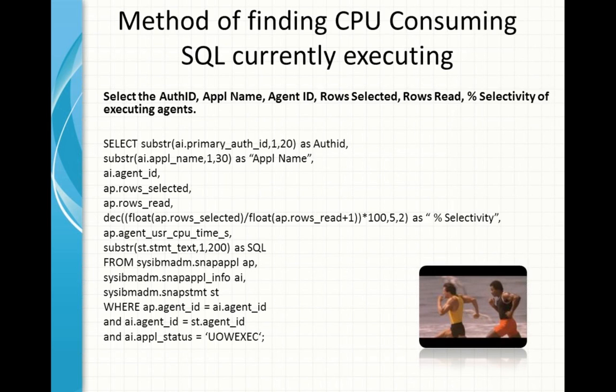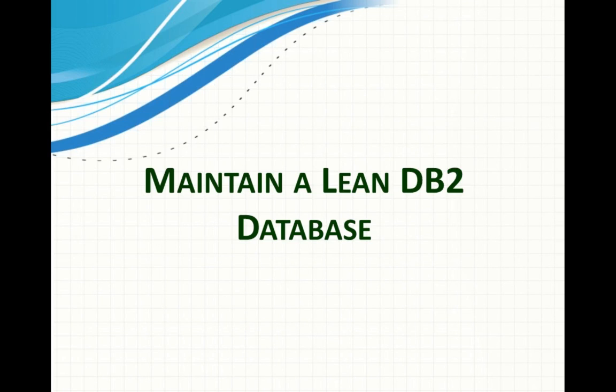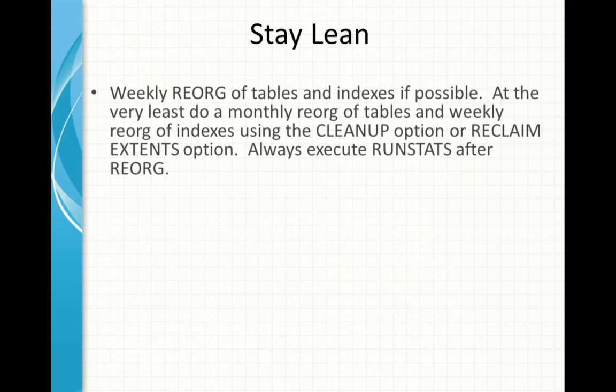And it shows the authorization ID, application name, rows selected, rows read, and percent selectivity of executing agents. Percentage of selectivity is a good indicator of indexes being needed. If you have a ton of rows being read but very few of those being selected, you're consuming a lot of CPU and you need an index on that query.